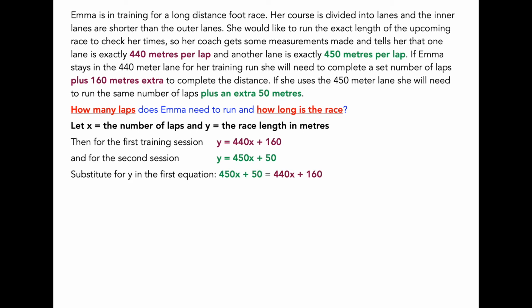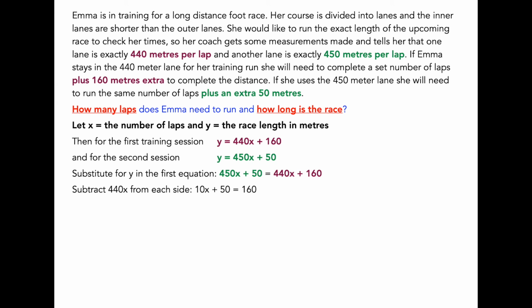So now, as we did in our first example when we were talking about tomatoes, we're going to substitute for y in the first of our simultaneous equations. So for y in the first equation, we will substitute 450x plus 50 from the second equation, and that leaves us with 450x plus 50 equals 440x plus 160.